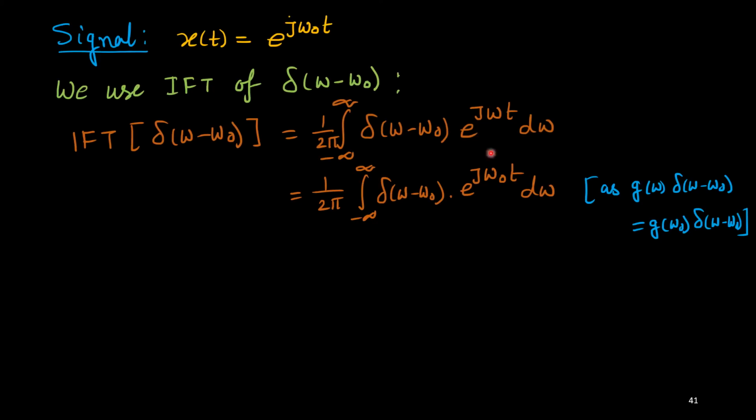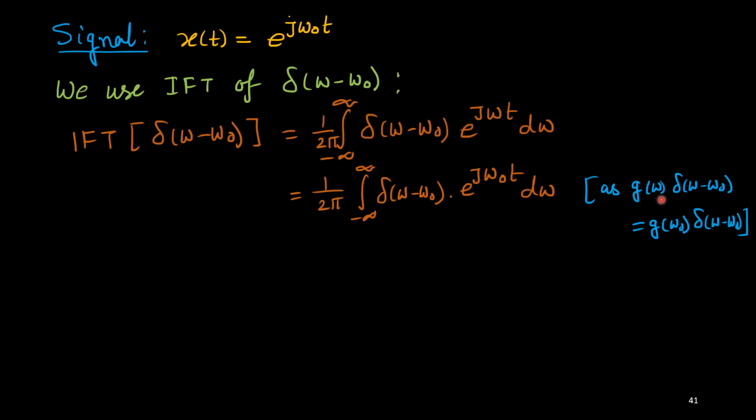Now again we'll use the same concept. If any function g(omega) is multiplied with delta(omega minus omega naught), this delta function will exist at omega equal to omega naught only. Otherwise it is 0. So I can replace omega by omega naught in this function. That will give certain weightage on this impulse, but the nature will remain an impulse located at omega equal to omega naught.